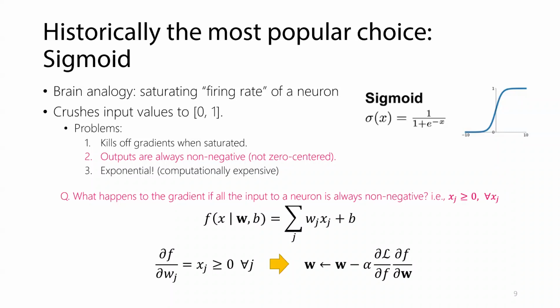But because xj is always positive, all components of the gradient vector are positive, so the direction for update is confined to the first quadrant. Or, to be fair, because we're multiplying by the upstream gradient, the sign may flip, so the first and the third quadrant, but it'll never visit the second and the fourth quadrant. See what I mean?